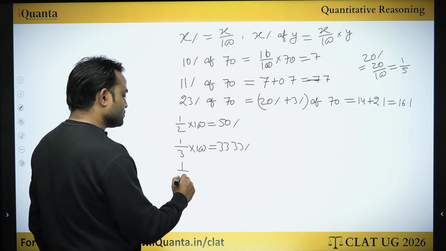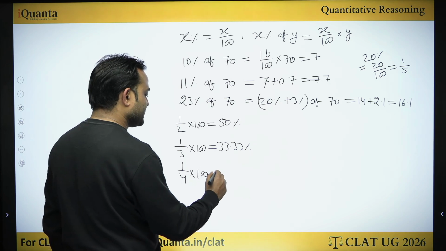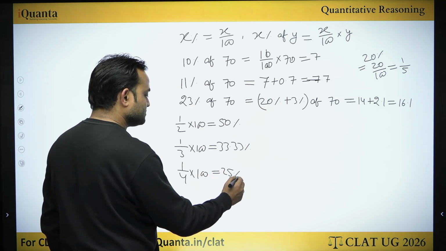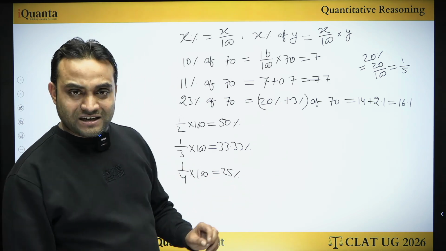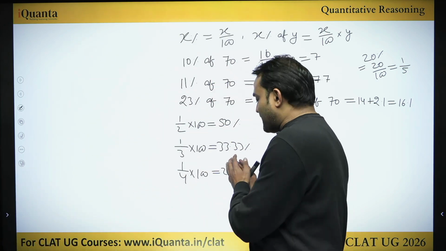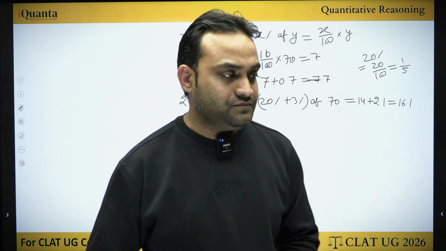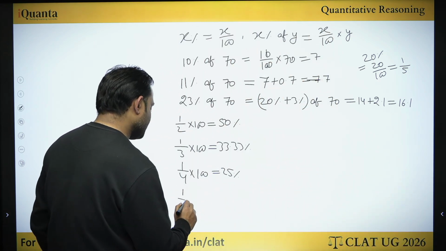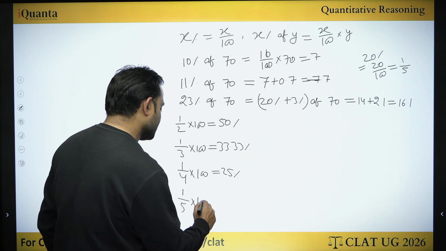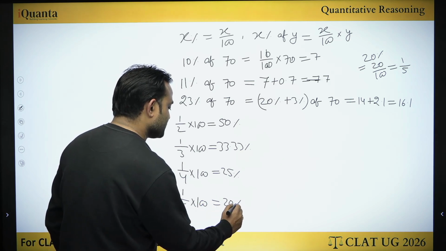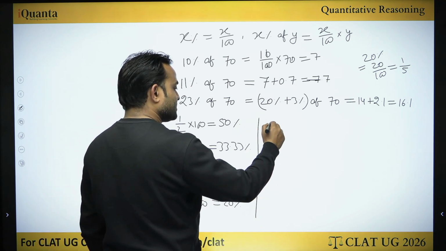What is 1 by 4? 1 by 4 into 100 is equal to 25%. Meaning, if it's mentioned in the question that you need to find 25% of a number, you can just find 1 by 4th of that number. What is 1 by 5? 1 by 5 into 100 is equal to 20%. Similarly, what is 1 by 6?